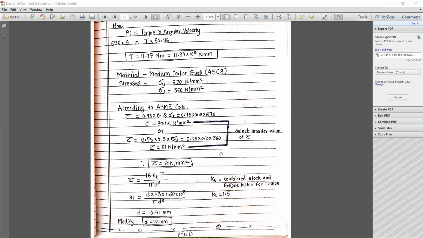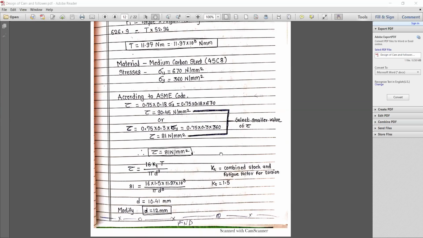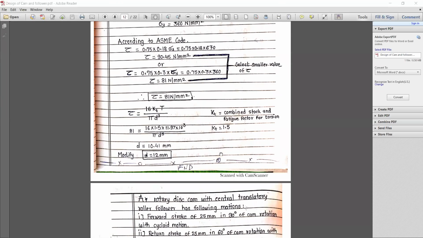Calculating the value of tau based on sigma u, it is 90.45 Newton per mm square. With respect to the yield stress, the equation is 0.75 into 0.3 into sigma y, so tau is equal to 81 Newton per mm square. From these two values, we have to select the smaller value; only then do we get a safer dimension of the shaft. So selecting 81 Newton per mm square.